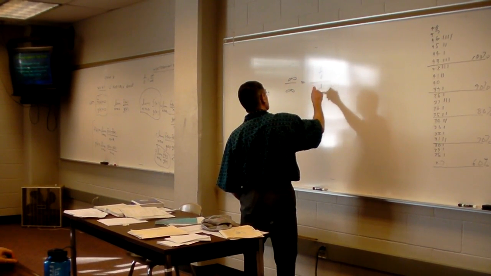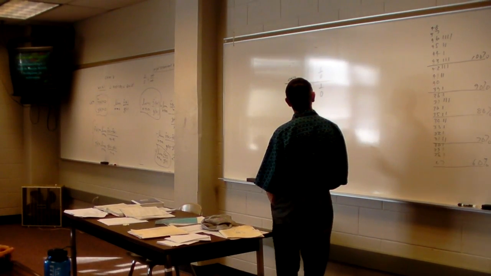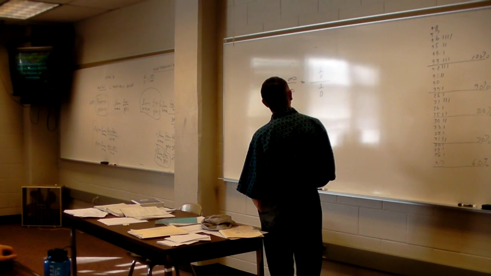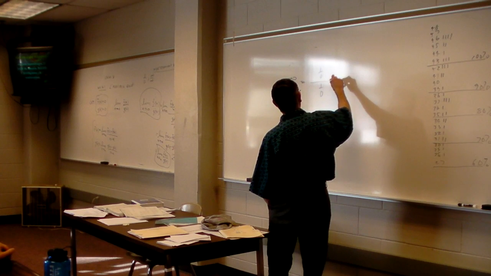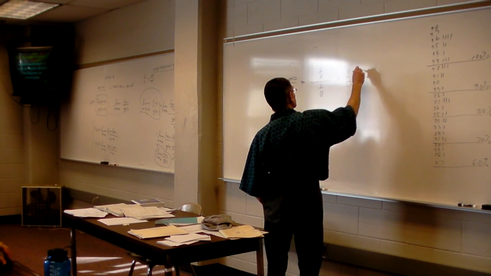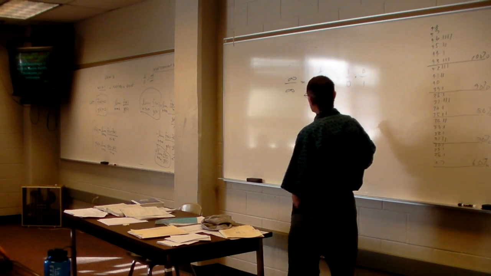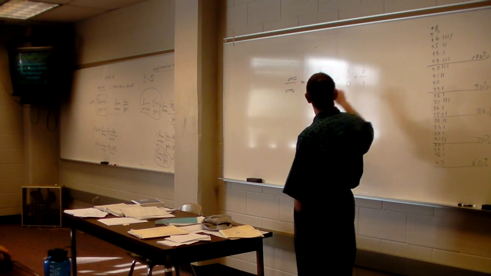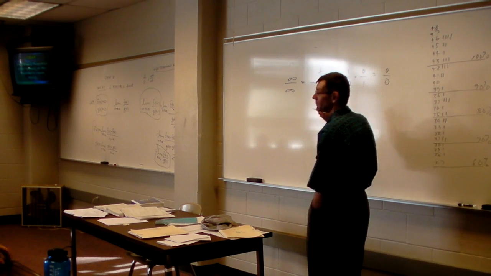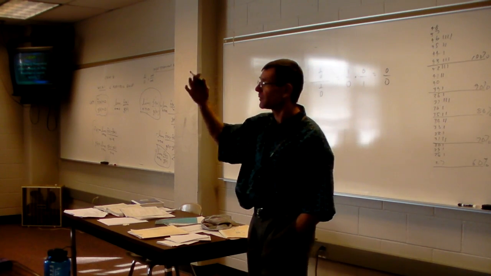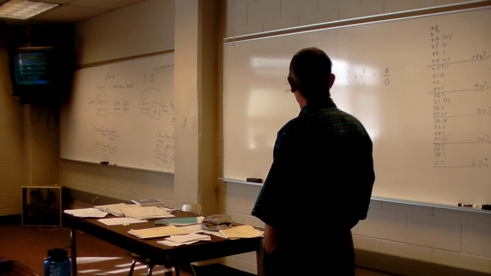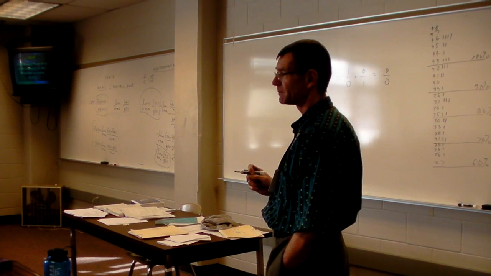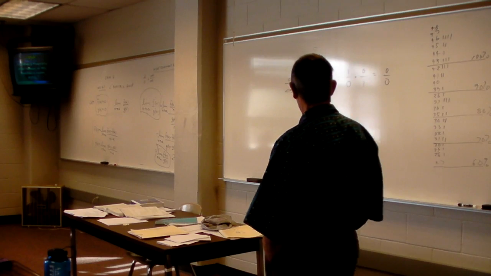Is 1 divided by 0, 1 divided by 0, which would be 1 divided by 0 times 0 divided by 1, which is really 0 over 0. So infinity over infinity gives you the same concept as 0 over 0 does. Okay? All right.